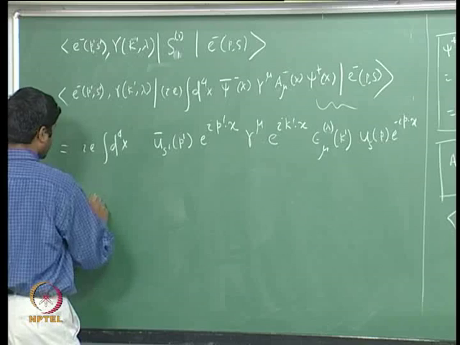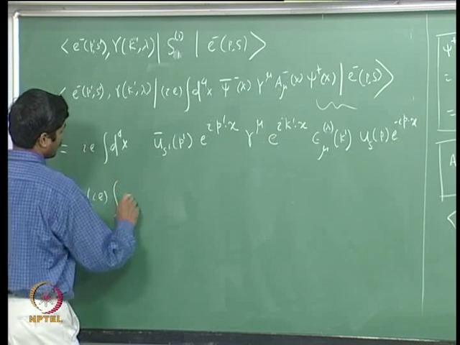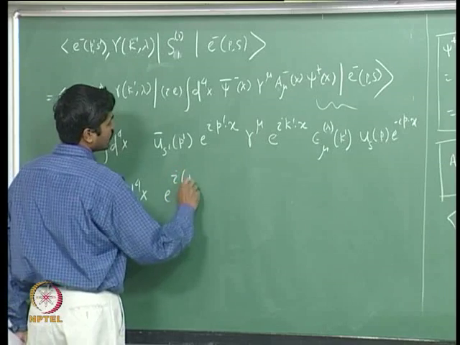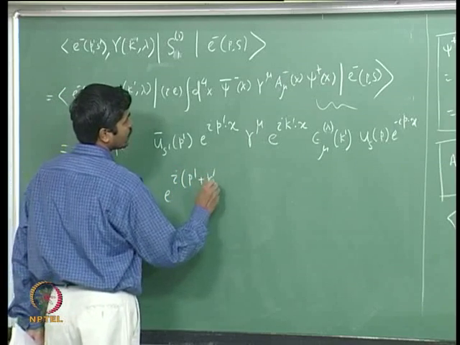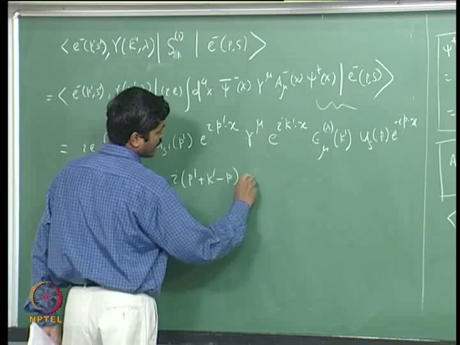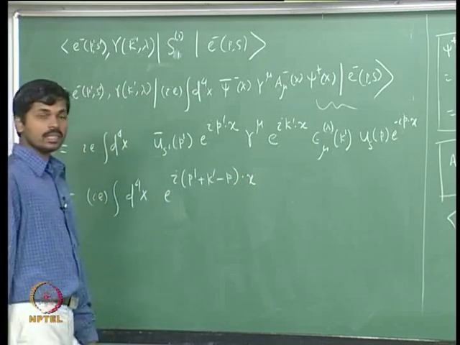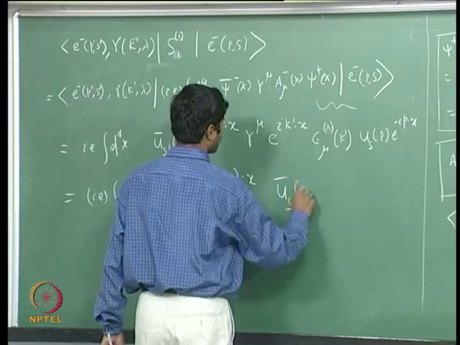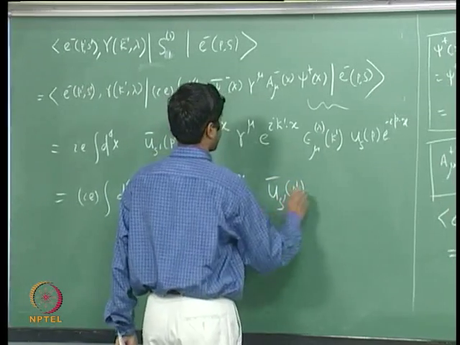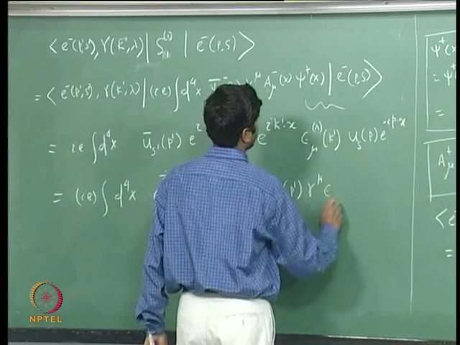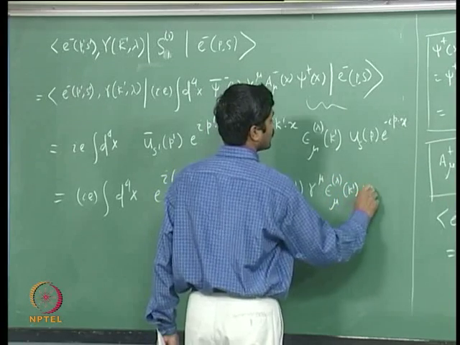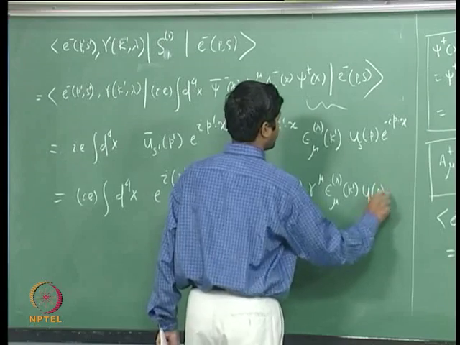So what I have is i e d4 x e to the power i (p prime plus k prime minus p) dot x, and then you have u s prime bar p prime gamma mu epsilon mu lambda k prime u s of p.